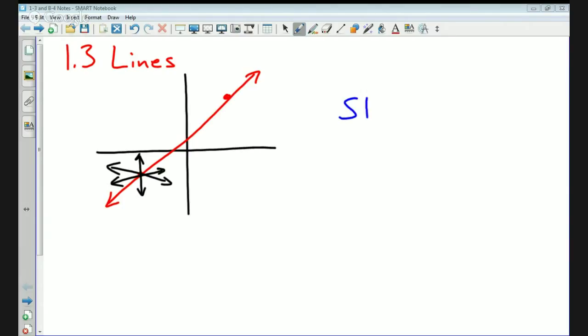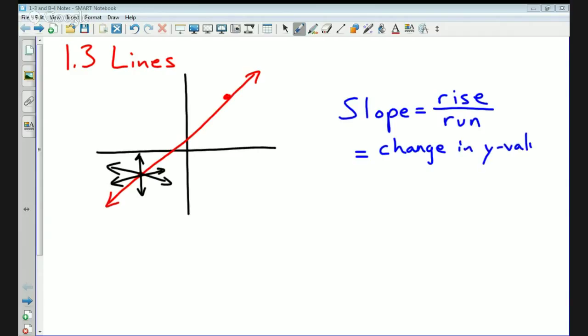So in general, with slope, you can think of this as the rise over the run, which is really equal to the change in the y values divided by the change in the x values.